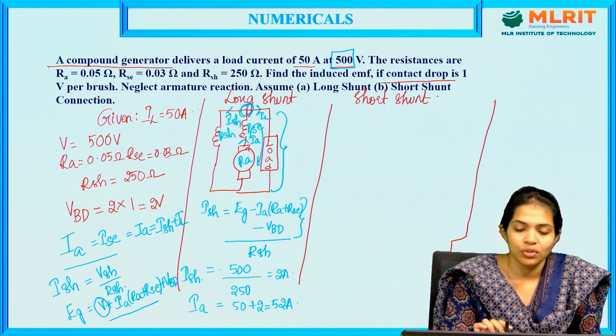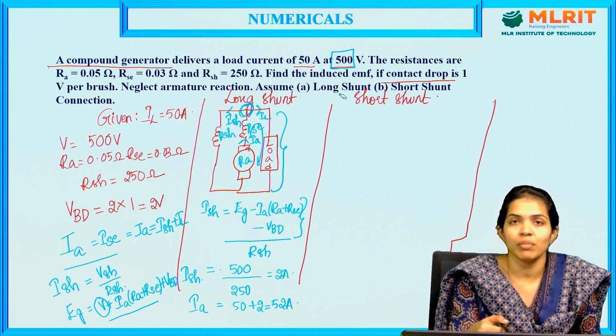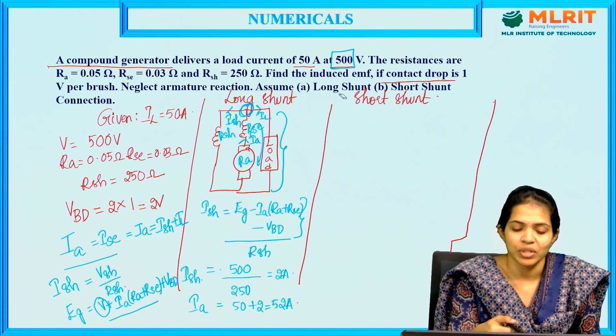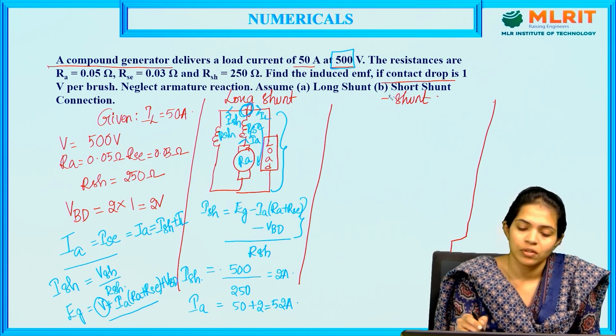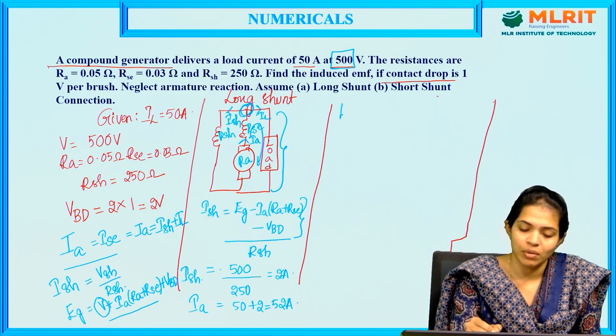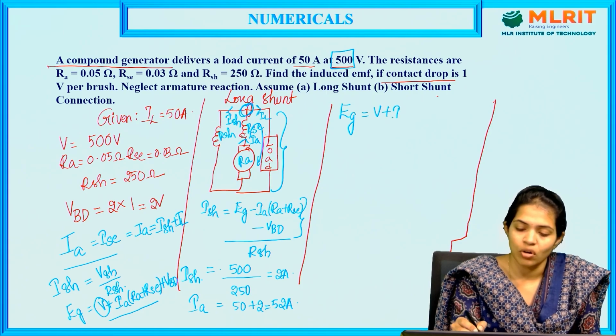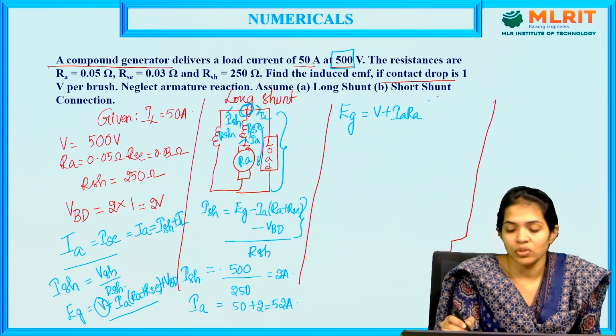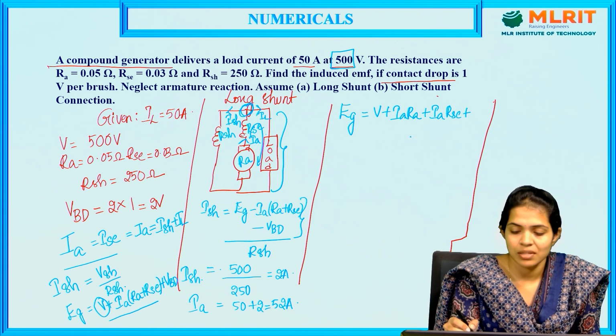So now we need to find out the induced EMF in the long shunt machine. To find out induced EMF in a long shunt machine, we need to write the induced EMF or generated EMF equation. So I'm writing the generated EMF equation for this particular long shunt compound generator. So we will get IA into RSC plus the brush drop.